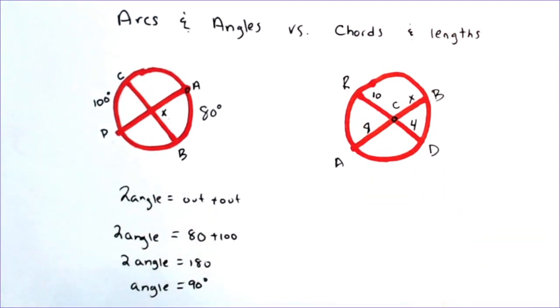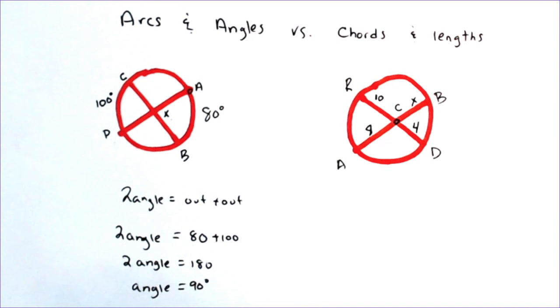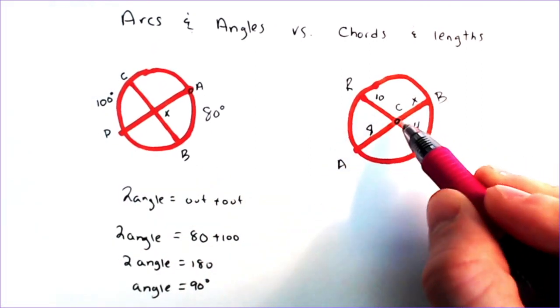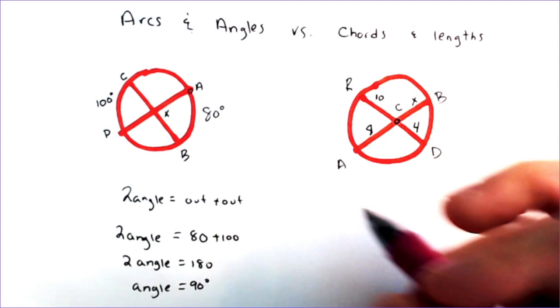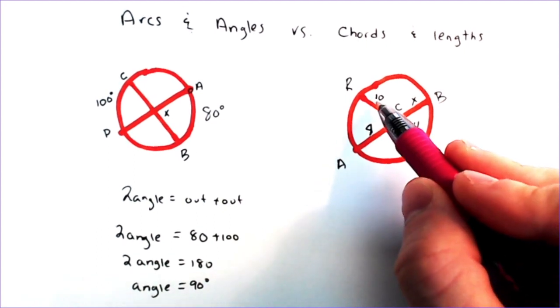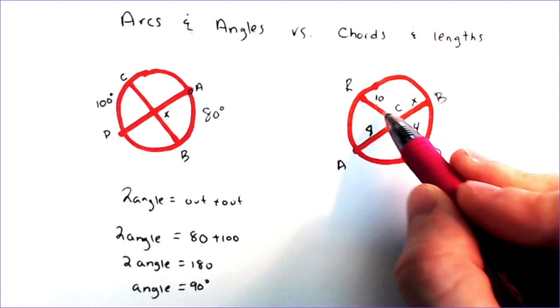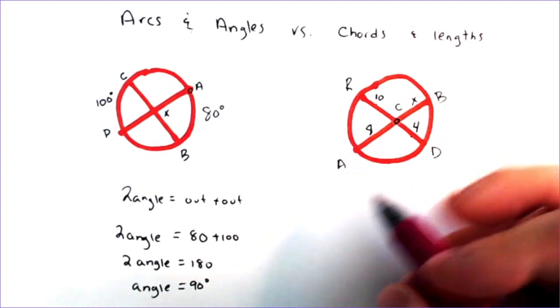Okay? So in this case, it's going to be similar to a cross multiplication problem, but it's already going to be set up. We're going to have to take this side from R to C and multiply it with C to D. So we're going to have to do this same side times the same side, or the same chord times the same portion of the chord.